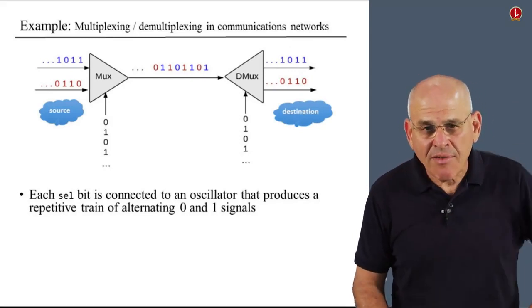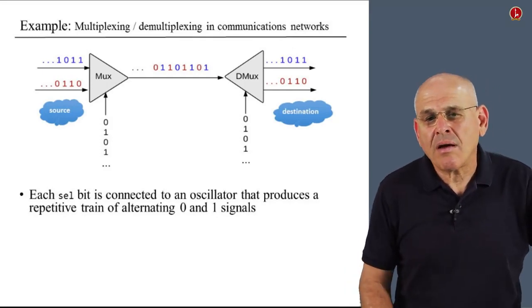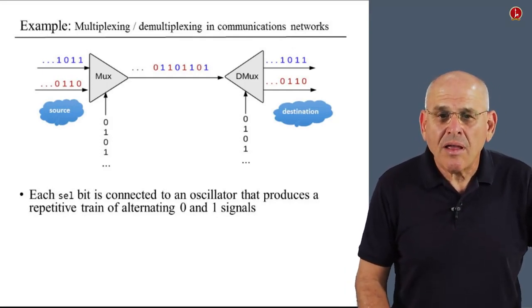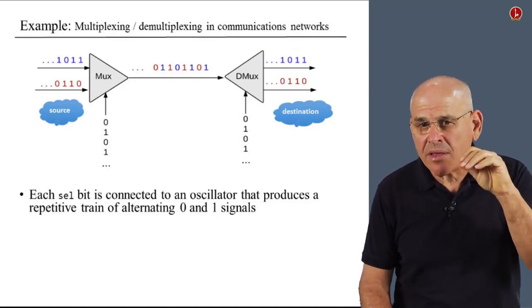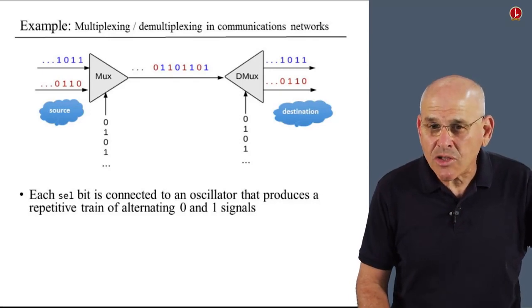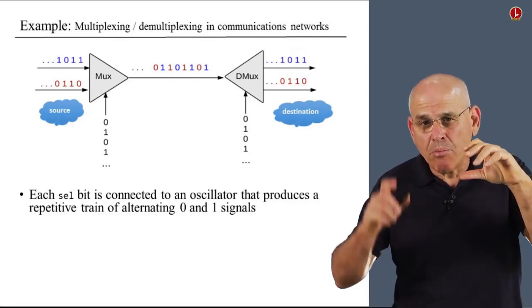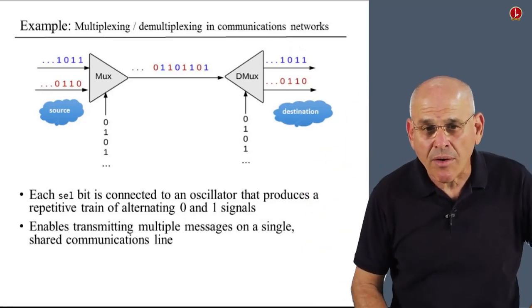At the receiving end, once again I put a different oscillator, and therefore the DMUX is going to distribute the incoming inputs according to the DMUX logic. It will output blue, red, blue, red, and so on.